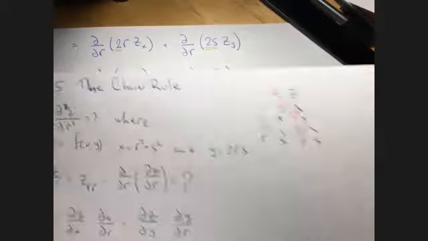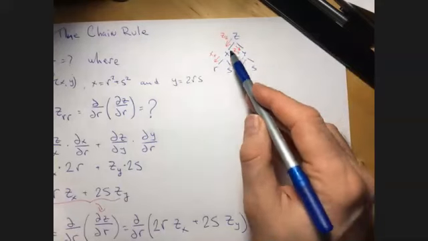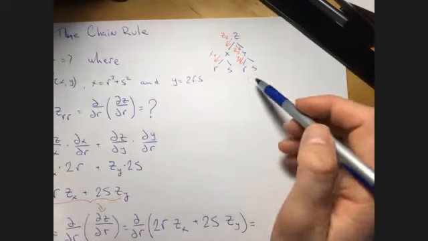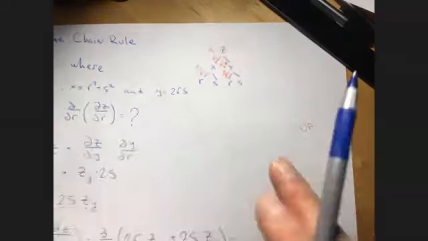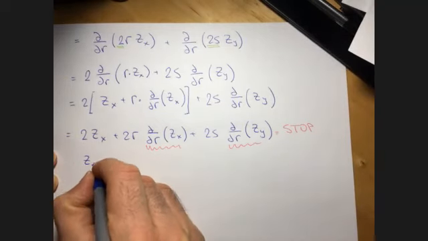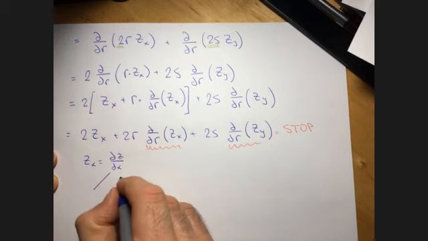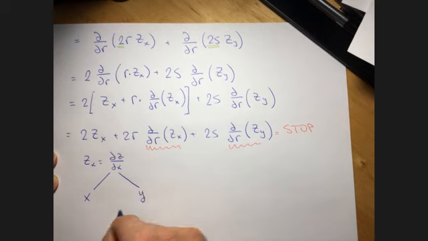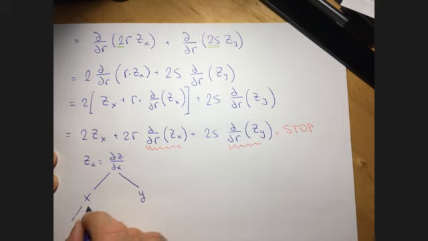Because similarly to z being a function defined in two variables, where I had to build this diagram or tree, whatever you want to call it, its derivative will also depend on x and y, which means that partial z partial x also depends on x and y, and from there x depends on r and s, and y depends on r and s.